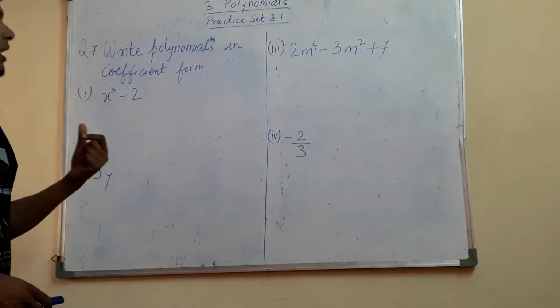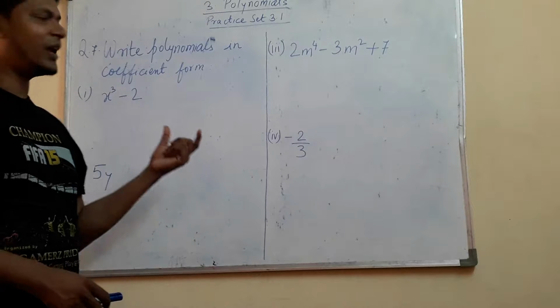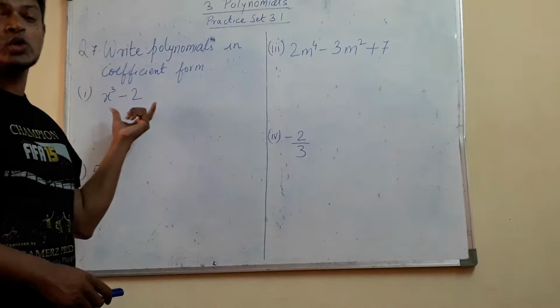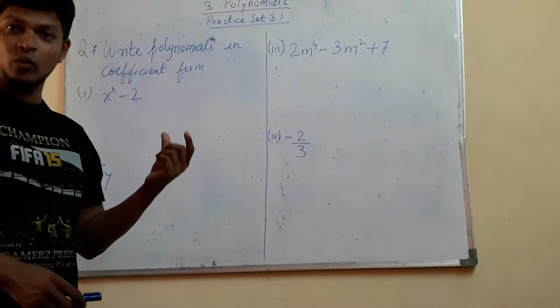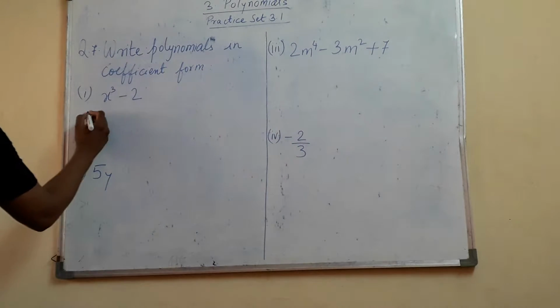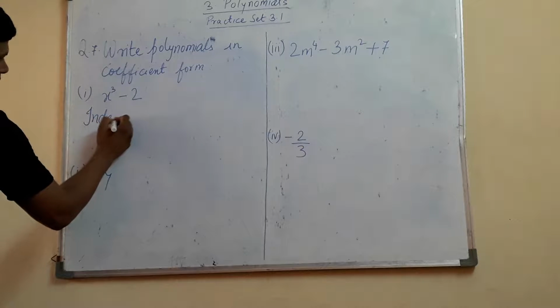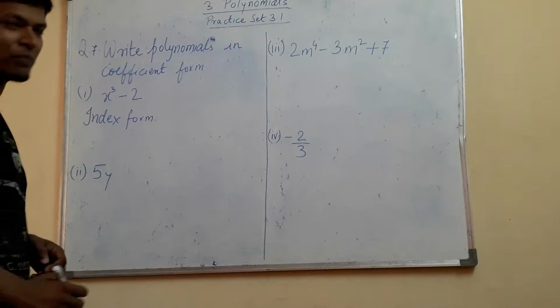Here there are missing terms where you don't have x raised to 2 and x raised to 1. So you have to write those missing terms with coefficient as 0. Let's see. First we have to write in the index form before writing it into the coefficient form.